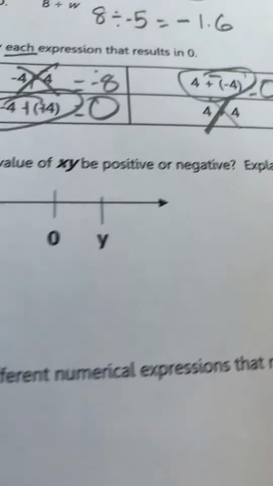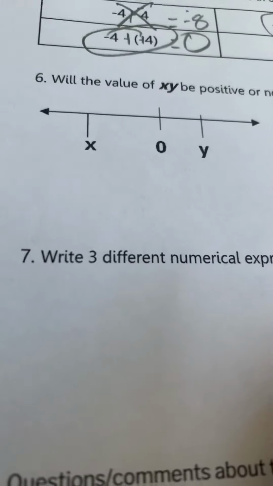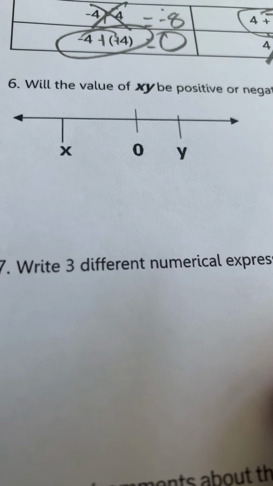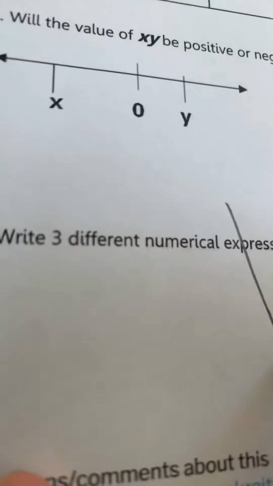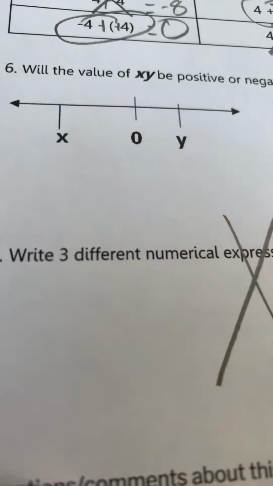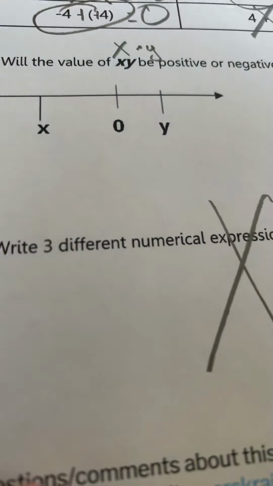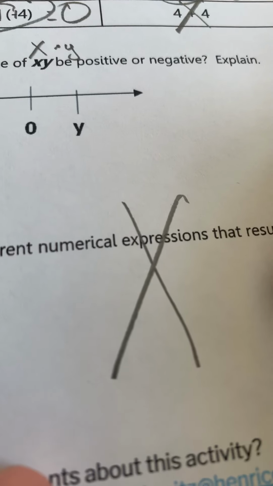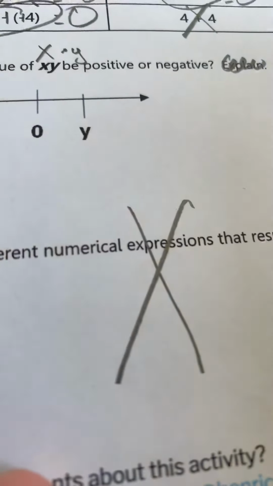Okay. All right. And number 6. And this one has been marked out. Well, the value of x times y, that just reads x times y. Will that be positive or negative? And you do not have to explain.